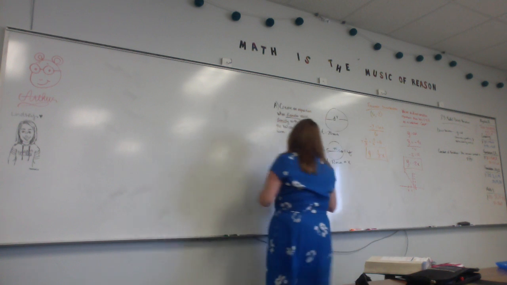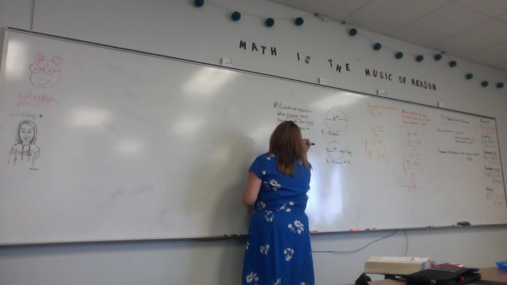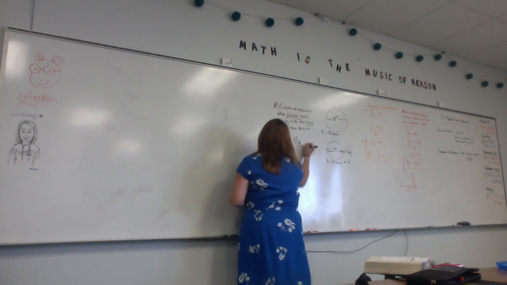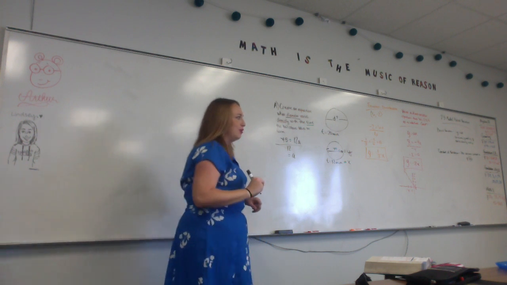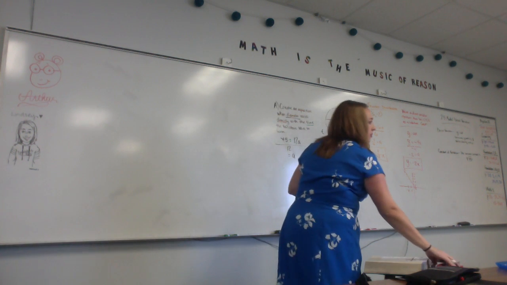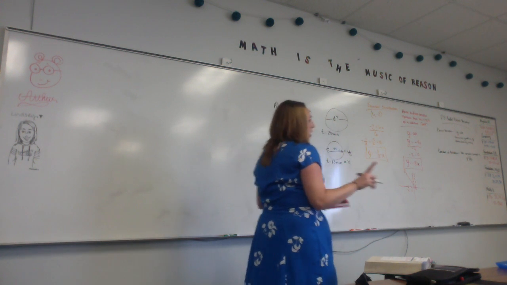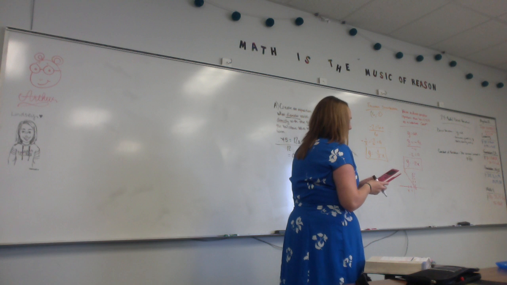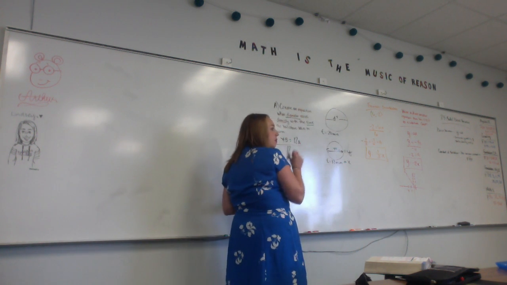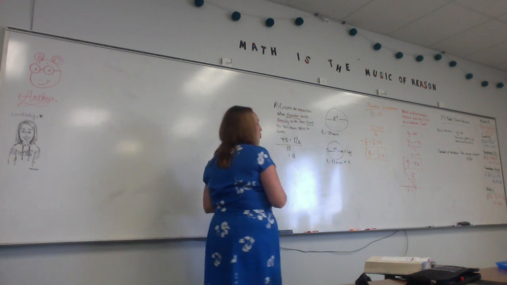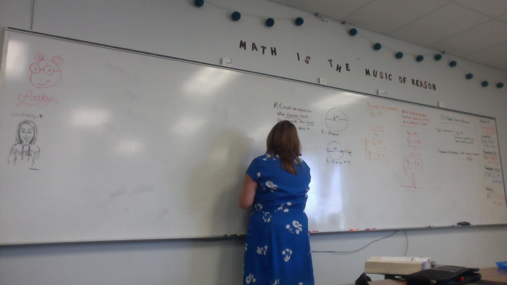So Tyler's right. I'm going to set up an equation that says 0.75 equals 12a. So then I have to divide by 12. What is 0.75 divided by 12? 0.0625.